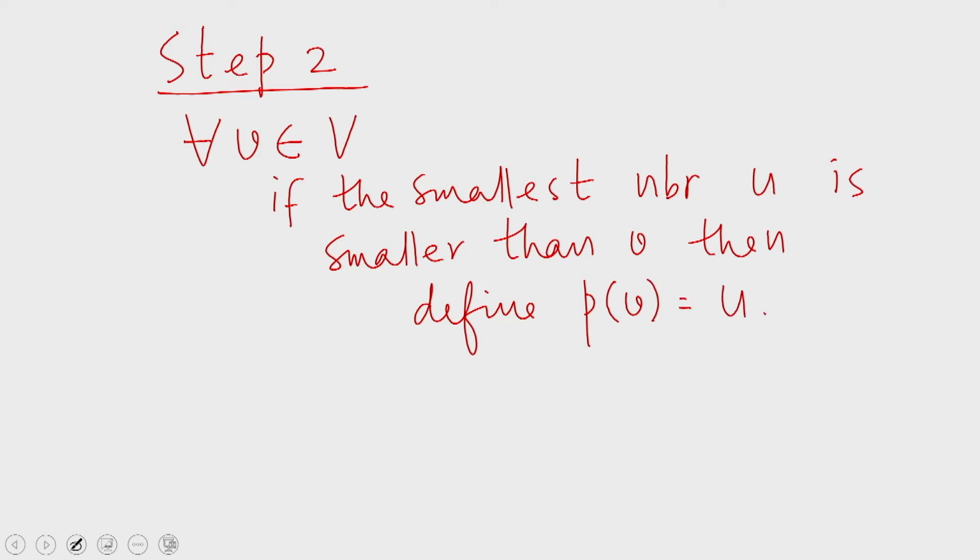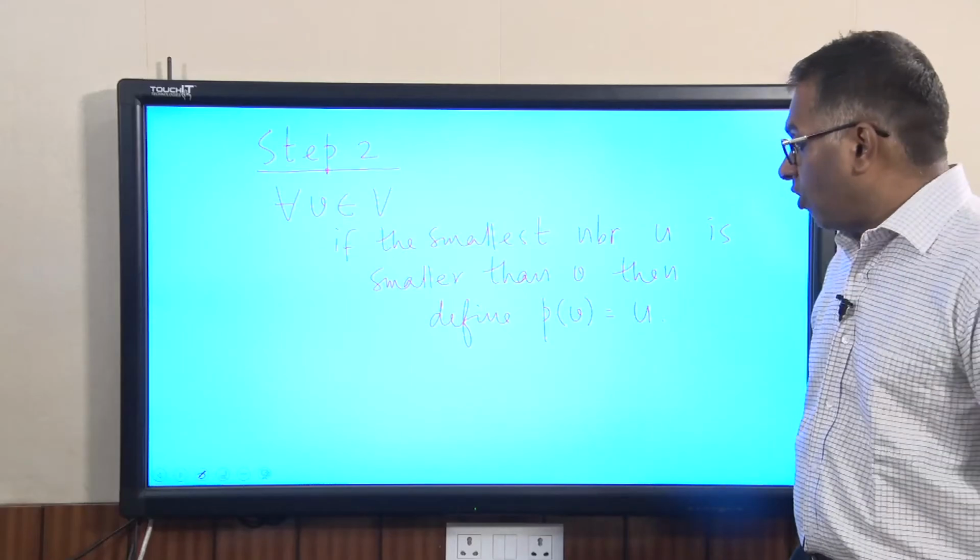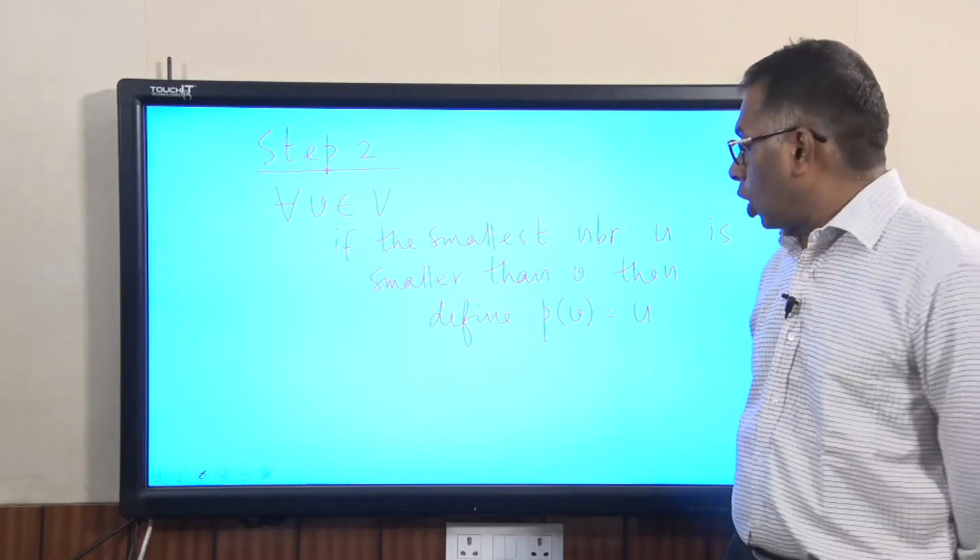Now we are defining a parent pointer for vertex v. This is defined as the smallest neighbor, provided that that smallest neighbor is smaller than v.